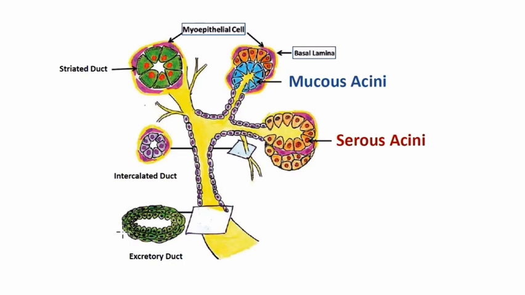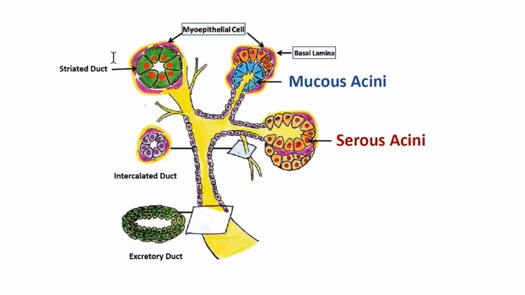These short intercalated ducts join larger striated ducts, which are characterized by radial striations that extend from the basal part of the cell to the level of the central nuclei.